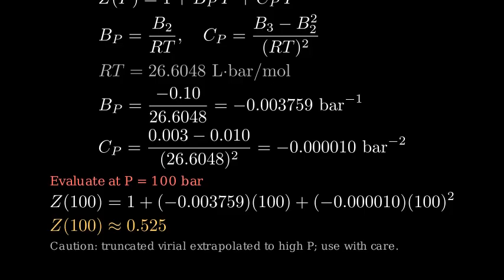C pressure equals B3 minus B2 squared over RT squared equals 0.003 minus 0.010 over 707.8154 equals minus 0.00010 per bar squared. Finally, Z at 100 bar equals 1 plus B pressure times 100 plus C pressure times 100 squared, which gives about 0.525.